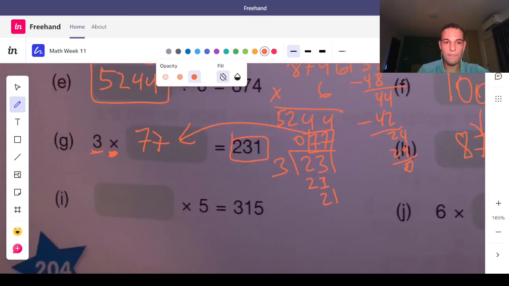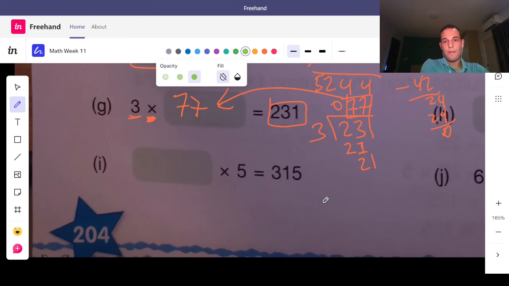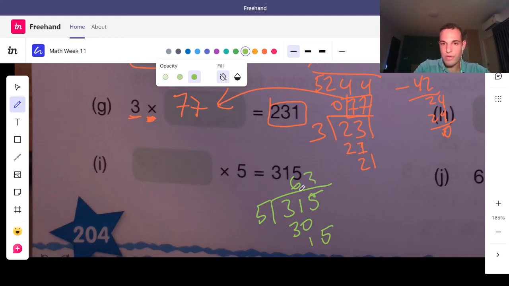All right. Next up is 315. So let's do the same thing again. 315 divided by 5. 5 goes into 30 6 times. And 5 goes into 15 3 times. So the answer is 63.